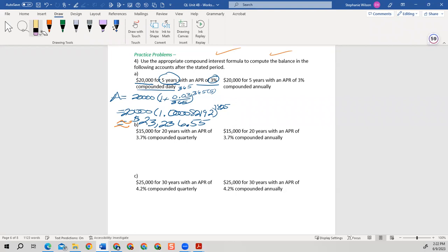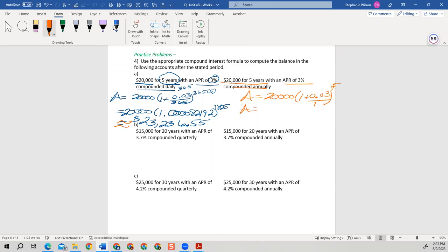Let me get my mouse to work. All right, so the next one said that we have 20,000 for 5 years, APR 3%, compounded annually instead of daily. So let's write this out. We got 20,000, 1 plus the interest, all divided by 1, because it happens once, 1 times the 5 years.